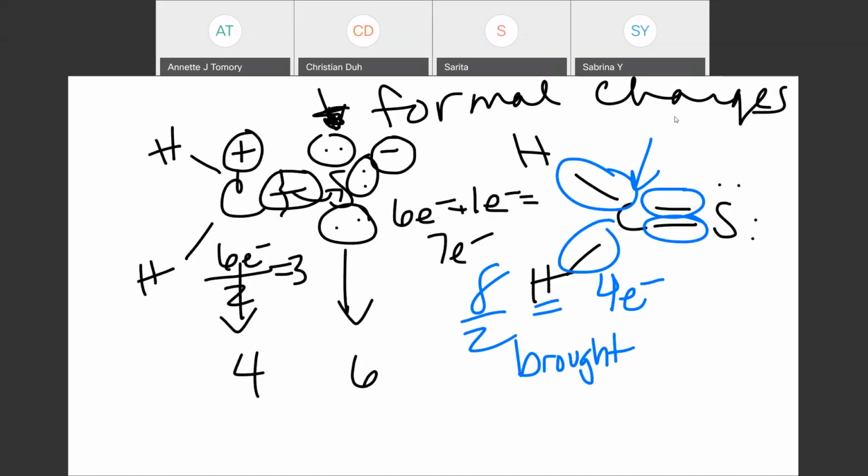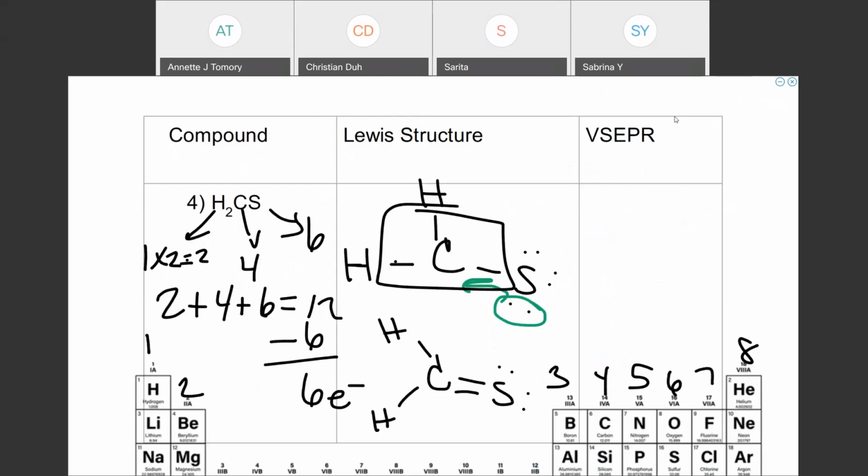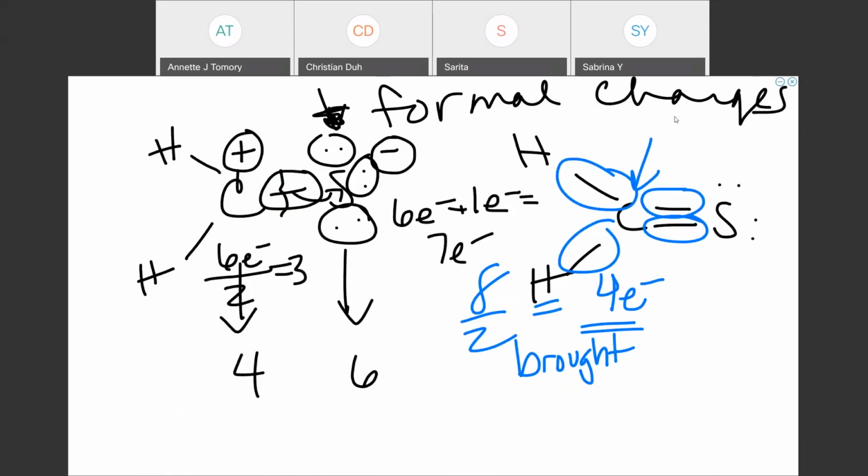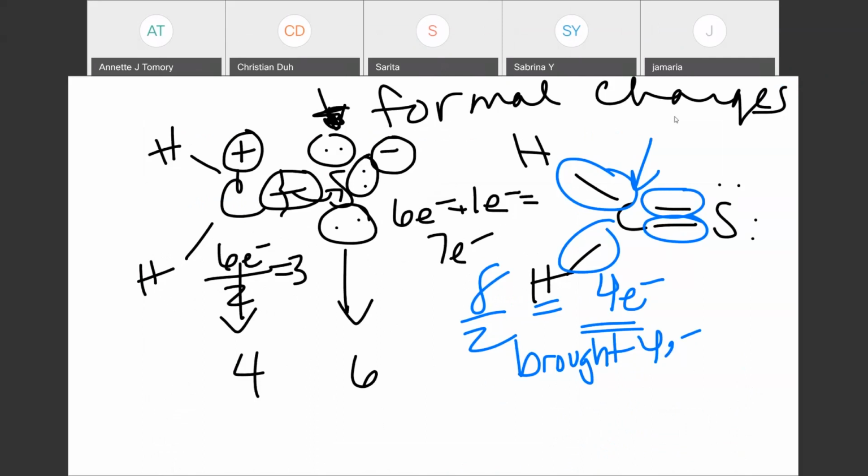That's where I got that 4 from. Each line means 1 electron when it comes to formal charges. If I looked at the periodic table, how many electrons did it bring? 4. So it brought 4, it has 4. You see how that canceled out? So right now, carbon's charge is a 0.